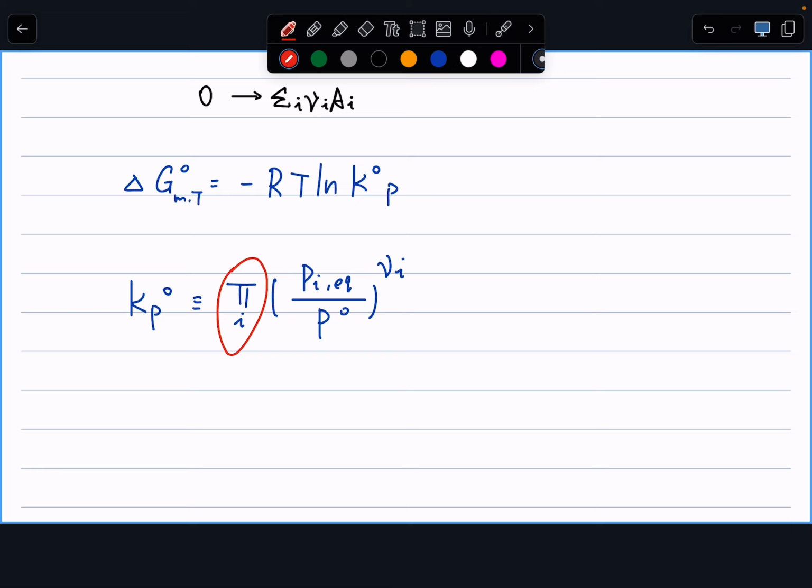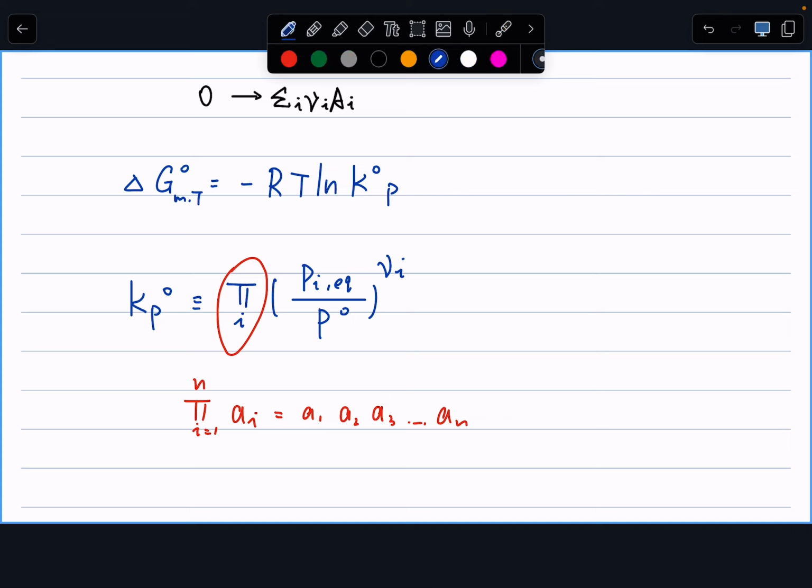Let me give you a simple example. If I write something like this for Ai, it basically tells me it's a product of A1, A2, A3, all the way to AN. Nothing fancy, just multiplied together. And note that our stoichiometric coefficient is in the power. Again, that's negative for reactant, positive for product.